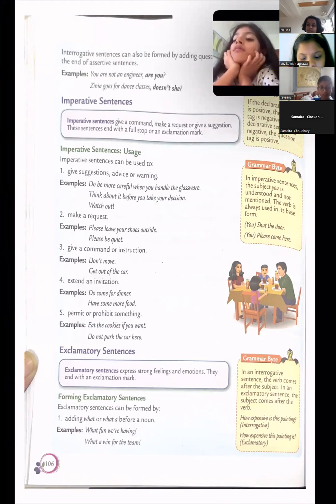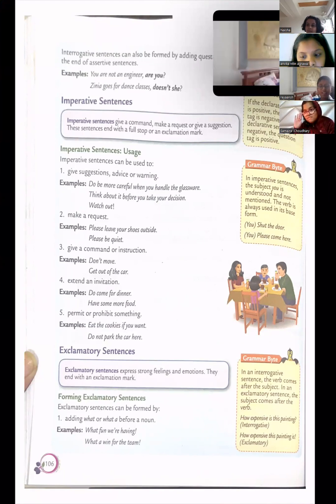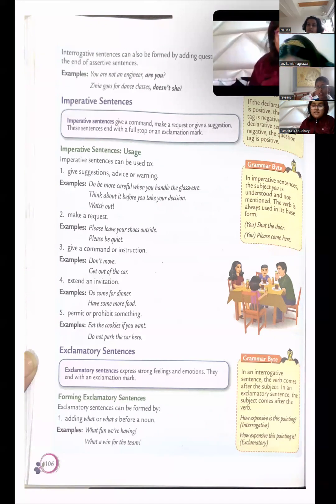Sort of? Yes, ma'am, a little bit. Okay. Samaira wants to say something. Go ahead, Samaira. Ma'am, I know exclamatory shows something surprising or feelings. Correct. Strong. Yes. Very good.